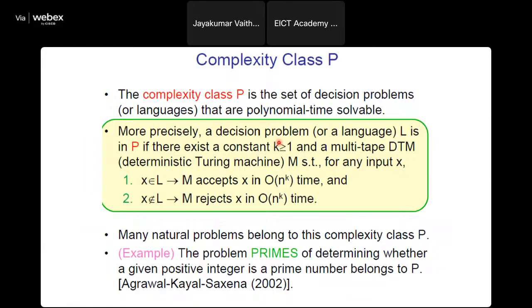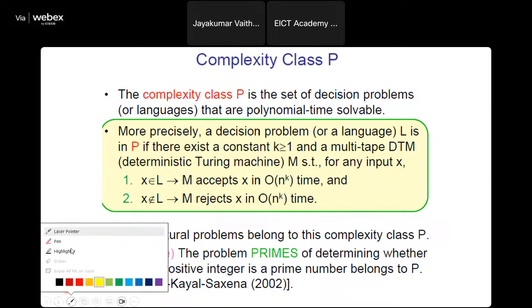Each and every decision problem or language L is in the P category if there exists a constant k greater than or equal to 1 and a multi-tape DTM, deterministic Turing machine M, such that for any input X belonging to L, M accepts X in big O of n to the power k time, and if X does not belong to your language, the machine M will reject X in O of n to the k time.